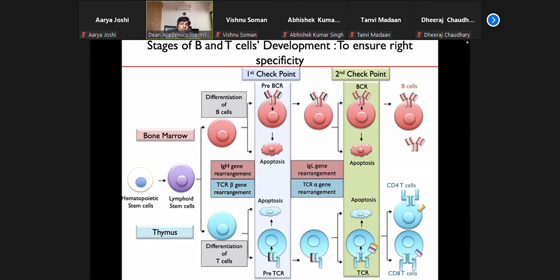Wastage of energy is fine, but you have to make sure that you don't select any cells which are autoreactive. You don't want to select any cells which are not functional. So all these processes are ensured at the cost of a lot of energy being utilized during the development of your B cells and T cells in primary lymphoid organs.